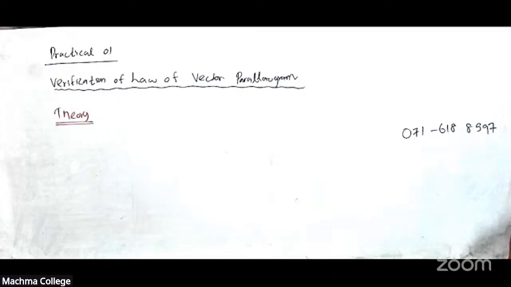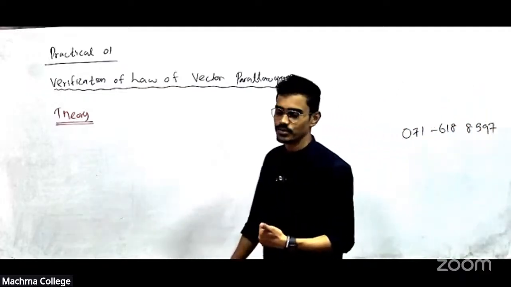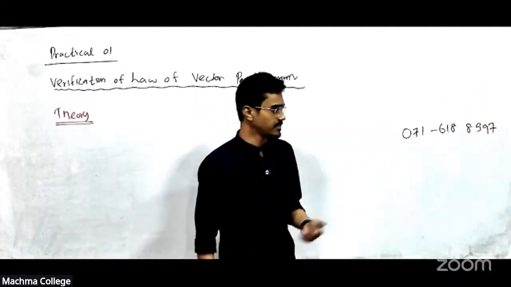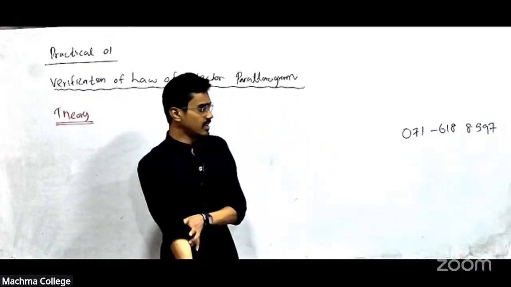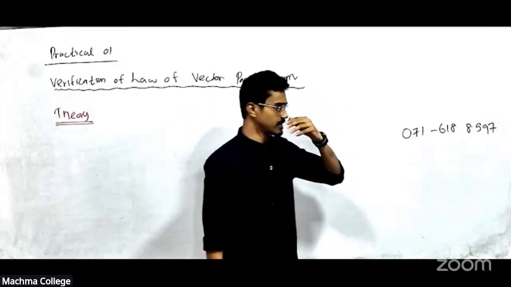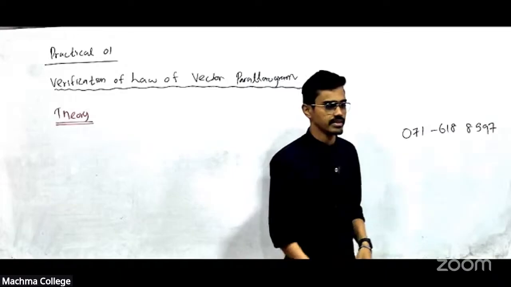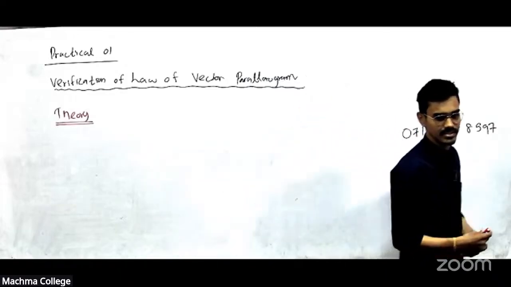So is this for the 27 batch too? Actually, the focus batch is 26, but that's fine. For the 27 batch also, vector parallelogram is done now. And for the 27 batch, we are starting linear momentum today. Because anyway, you need to learn these things one day.